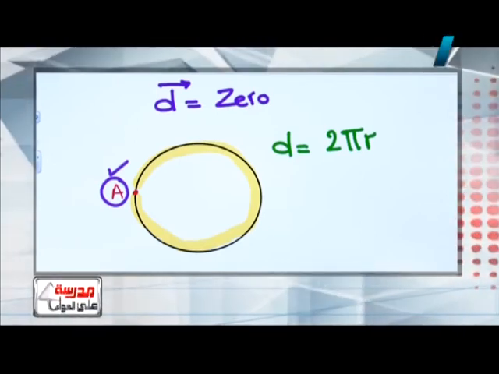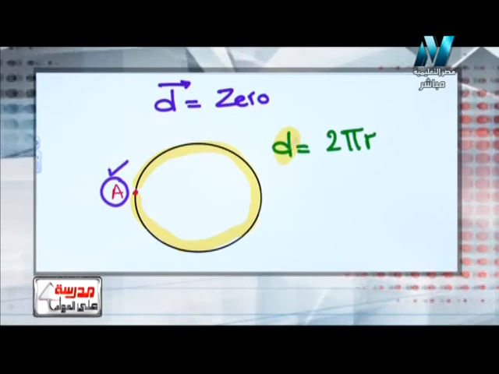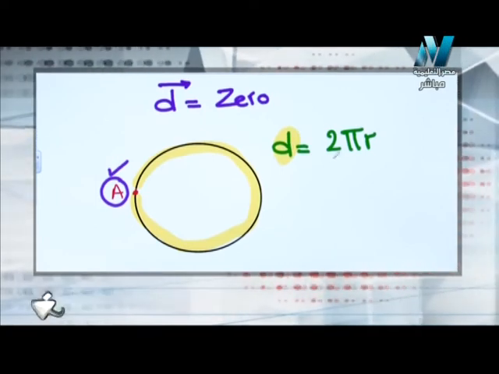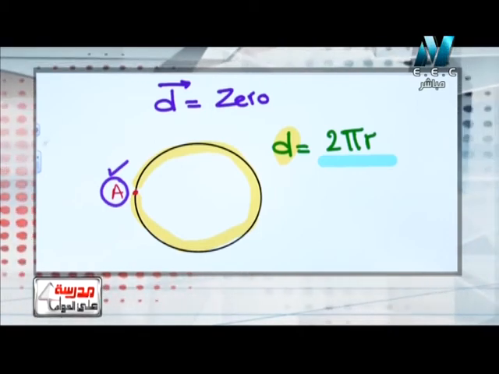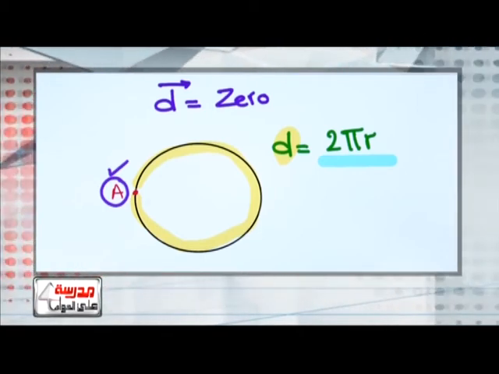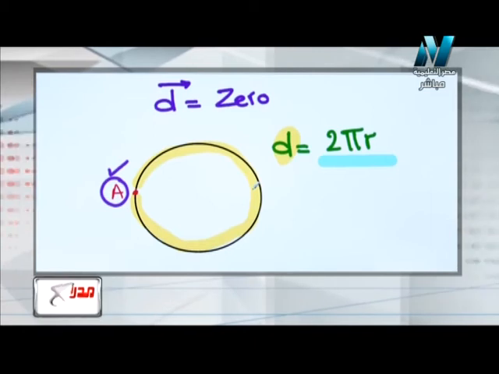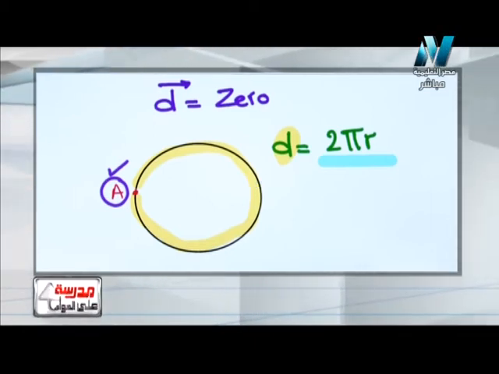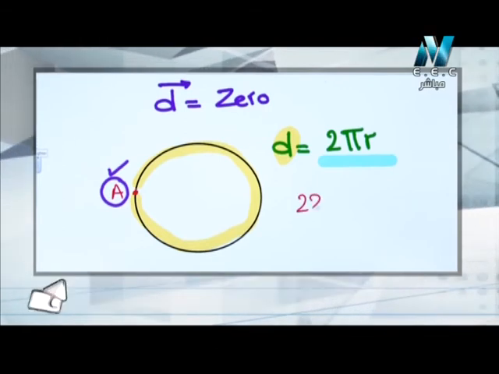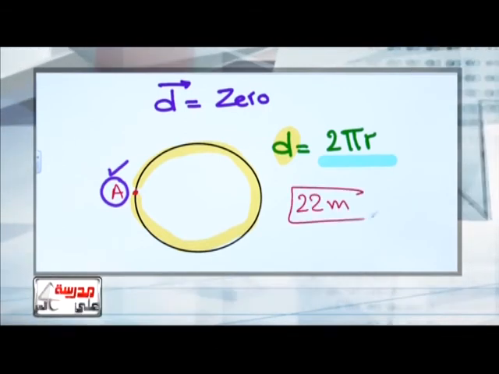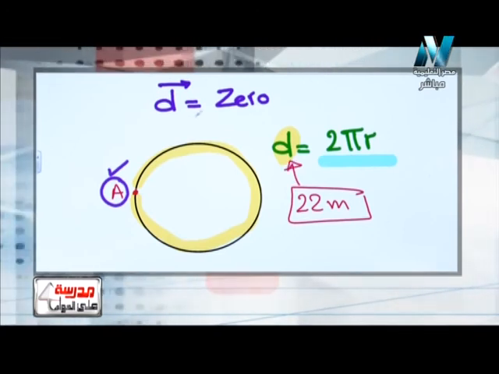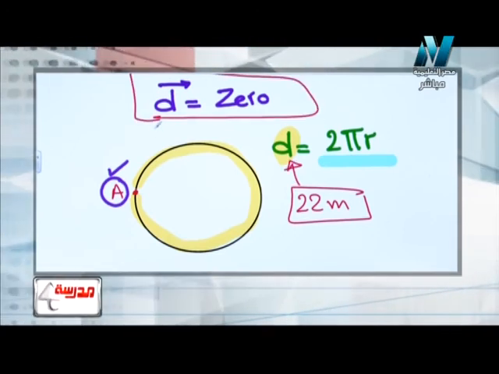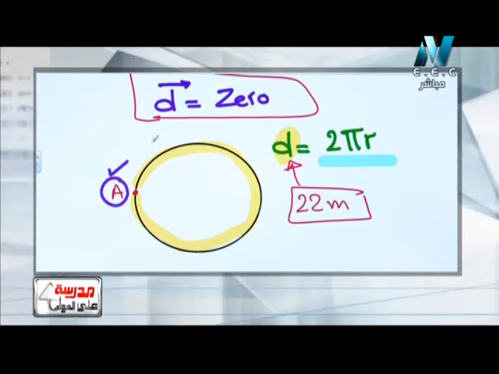So here distance equals the circumference, or perimeter, of the circle. So if the circumference of this circle is for example 22 meters, in this case distance equals 22 meters. But the body returned back to its starting point, so its displacement equals 0.